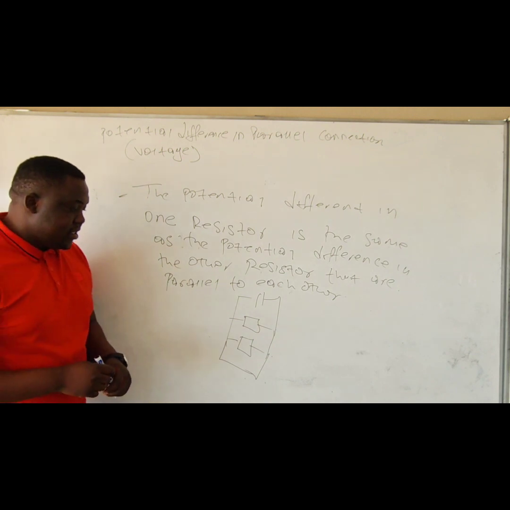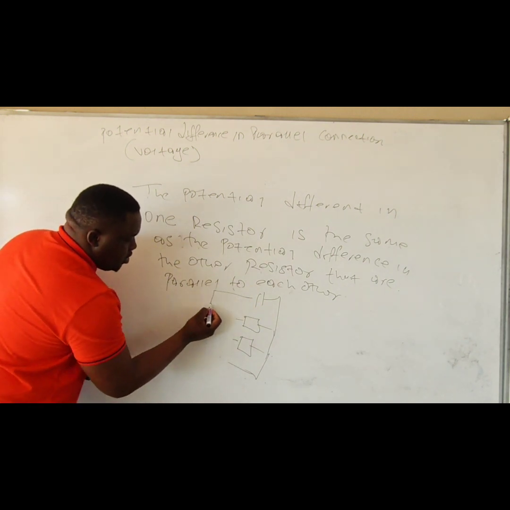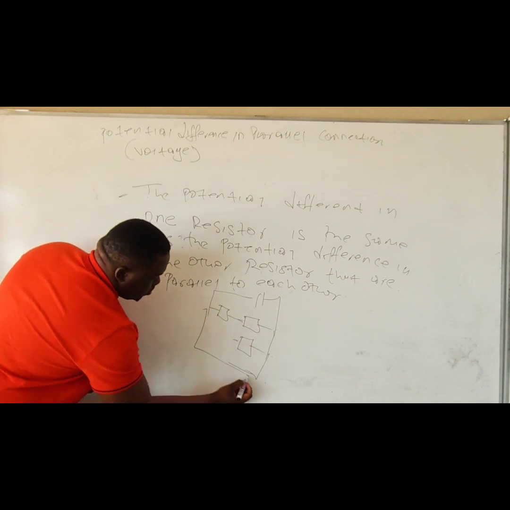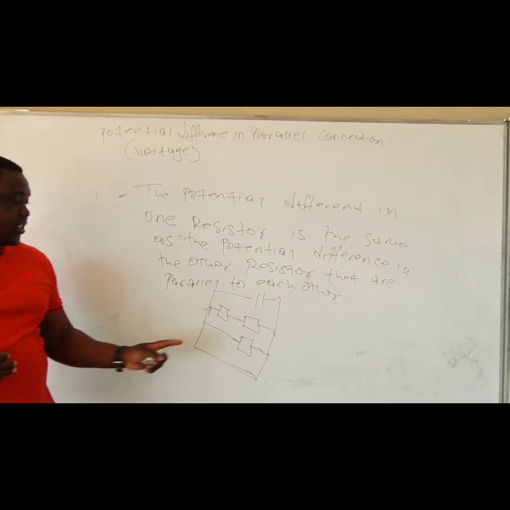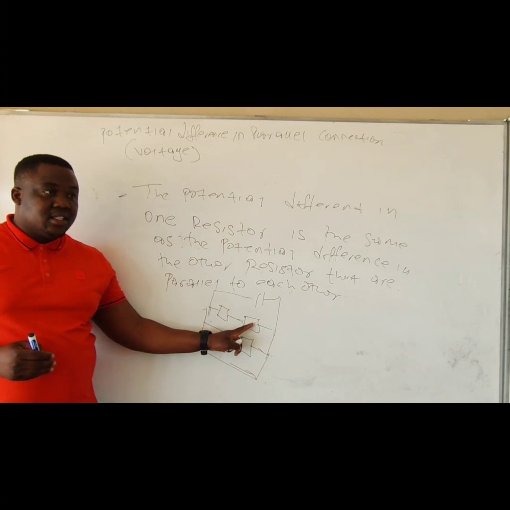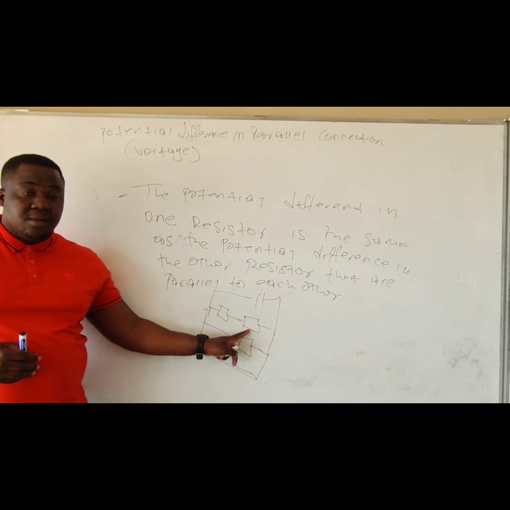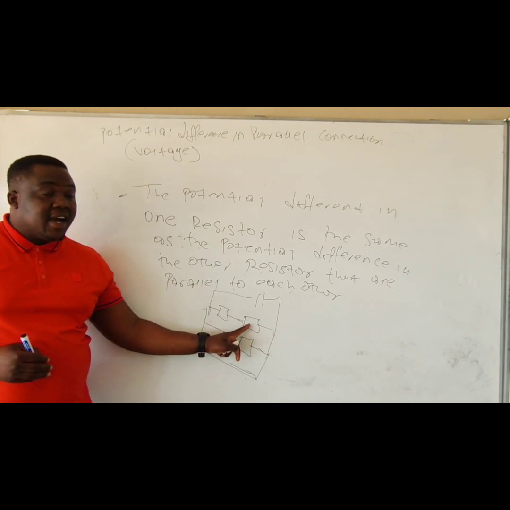Okay, look at this. Do you see this? The voltage that is here and the voltage that is here, are they the same? No, they are not the same. You know why? Because this resistor and this resistor are in series.